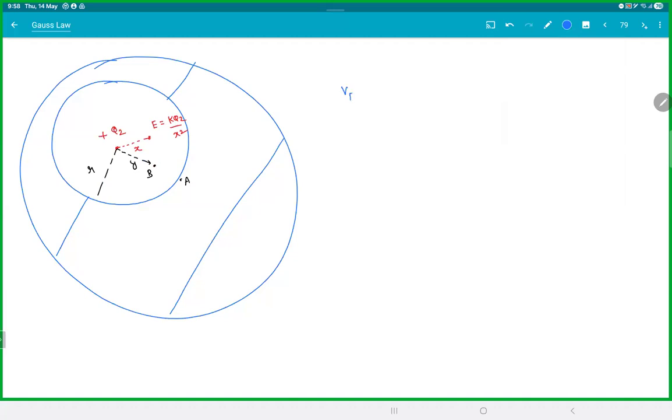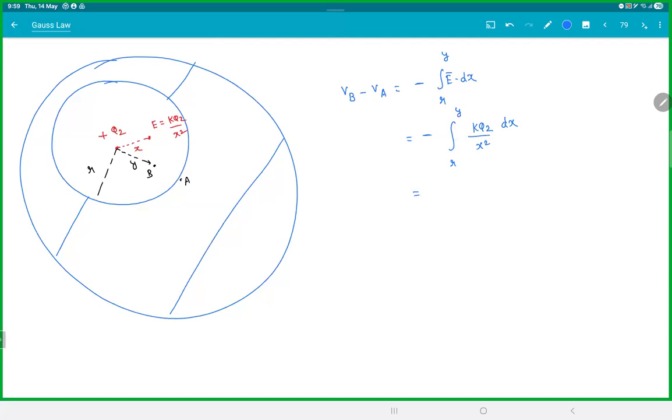Then we can write potential difference VB minus VA is equal to minus integral E dot dr. We use the electric field to get the potential difference. So B is the upper limit, that is y, and A is the lower limit, that is r. So that would be minus KQ2 by x square dx, limits from r to y.